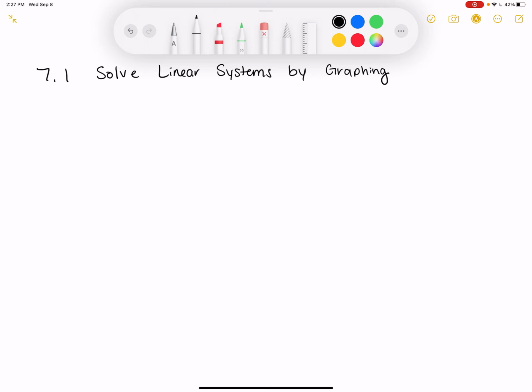All right, so some definitions. You'll see me write this a lot, meaning definition, just a shorthand for that. So the first one, a system of linear equations, sometimes it's also just called a linear system.